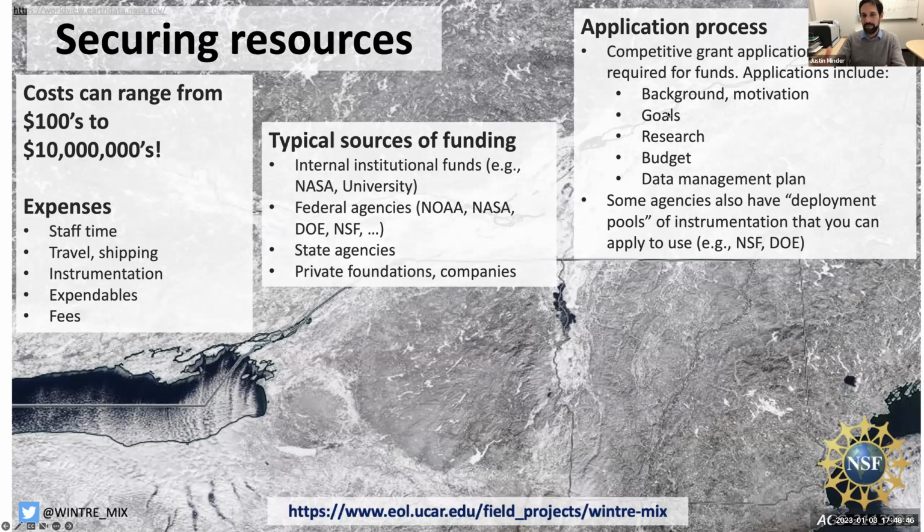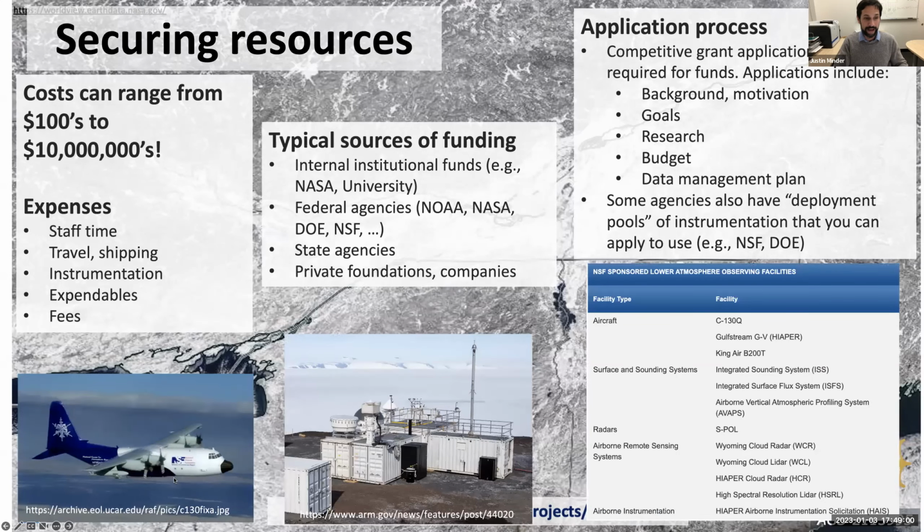In addition to just getting funds to do a project, though, some agencies also have what we might call deployment pools. So these are kind of existing pieces of instrumentation that anybody can apply to use. So for instance, the National Science Foundation through NCAR has this aircraft, the C-130, that researchers can apply for time on to go and do a field campaign, rather than having to own their own aircraft at a university, which is very rare these days.